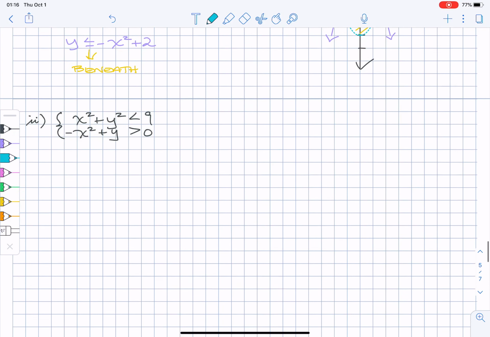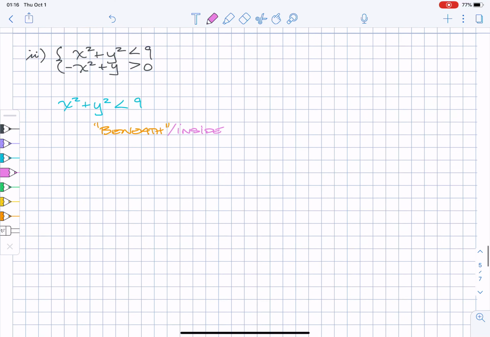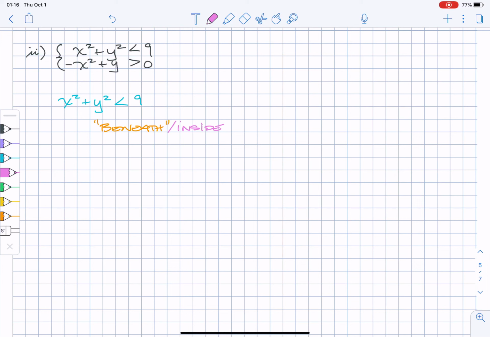Okay, so let's look at the first guy. Did I do the first guy in blue? Okay, so x squared plus y squared is strictly less than 9. So this is "beneath", and I'm using quotations because that really means inside of the circle. And we know it's dashed.